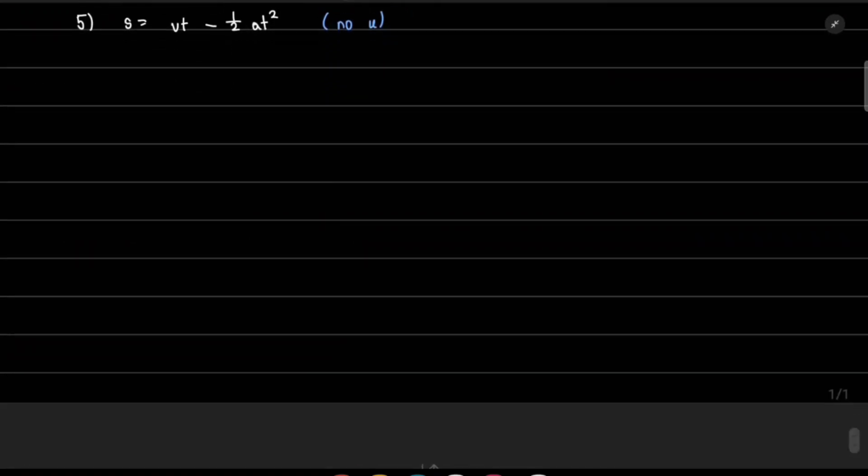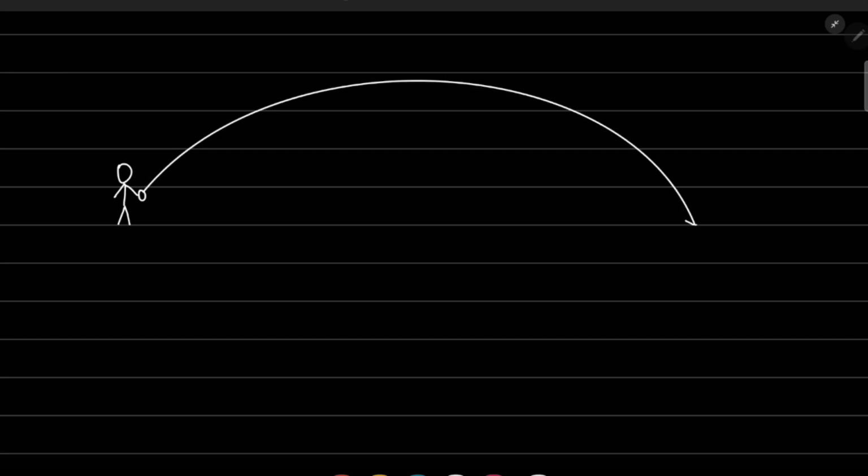Now, before we go into discussing projectile motion, another thing that we need to know is that horizontal and vertical motion are independent of each other. If I draw the same scenario again, you are throwing a ball and it's landing on the ground. We'll assume that there's no air resistance.